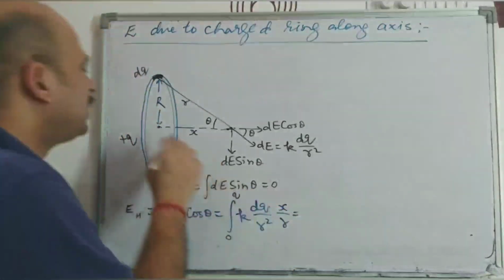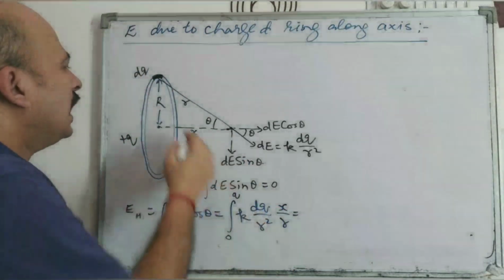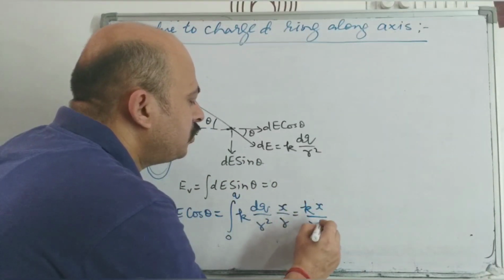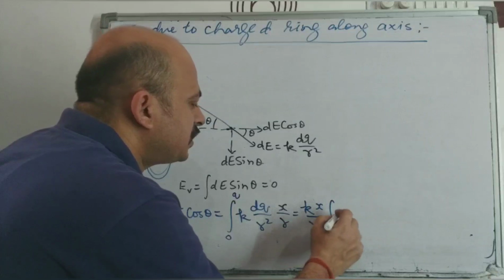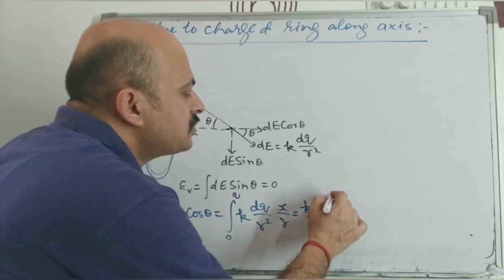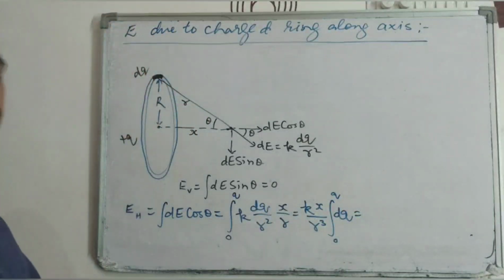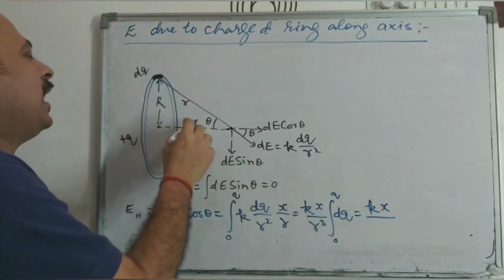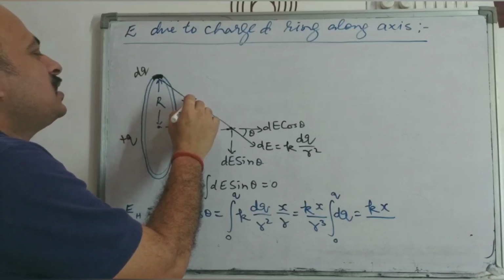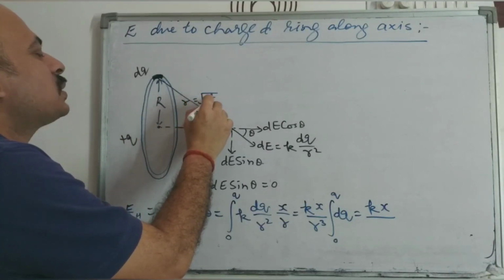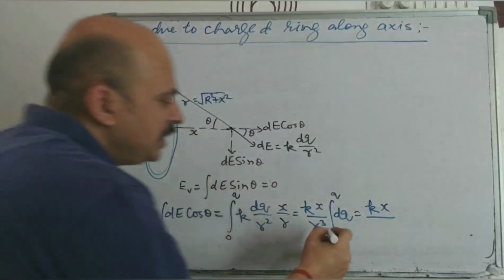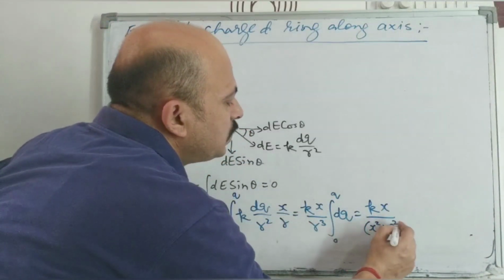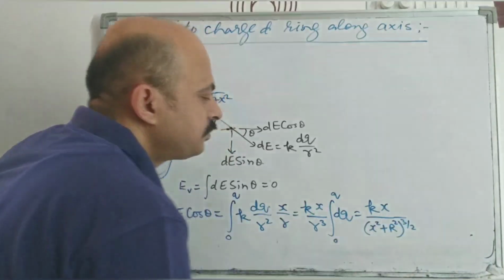So here x is constant, r is also constant, so kx upon r cube can be taken outside from the integration, and the integration of dq from 0 to q will be equal to q. Here r is equal to under root capital R square plus x square, so that r cube can be written as (x square plus R square) to the power 3 by 2.